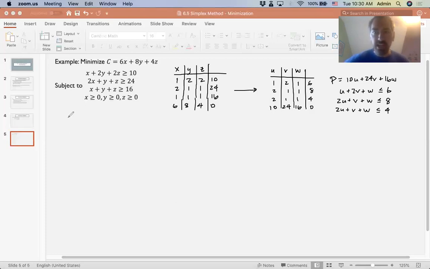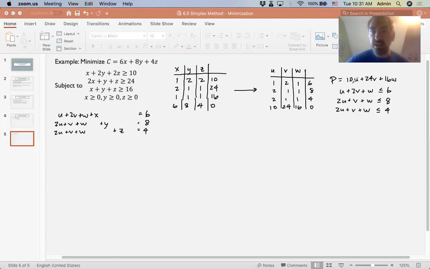We introduce our slack variables. u plus 2v plus w plus x equals 6. 2u plus v plus w plus y equals 8. 2u plus v plus w plus z equals 4.